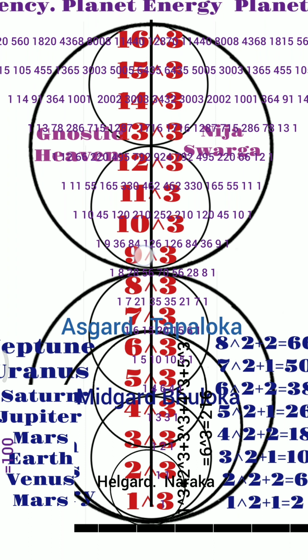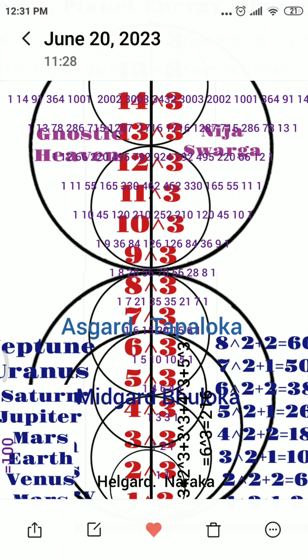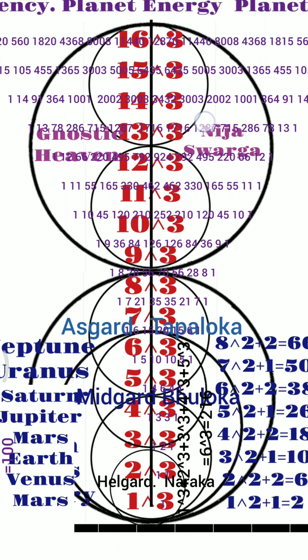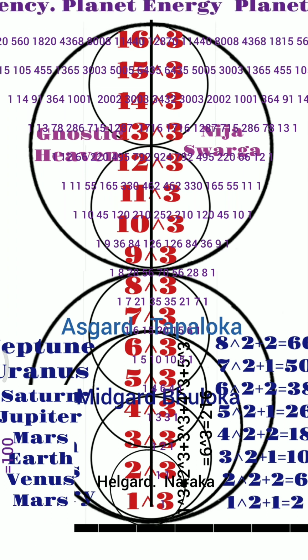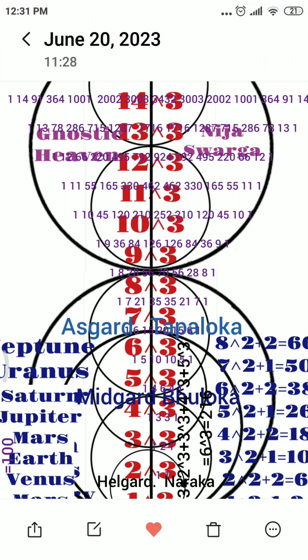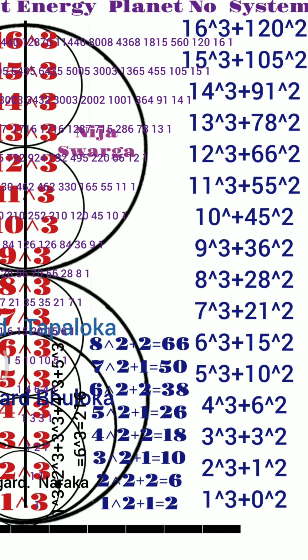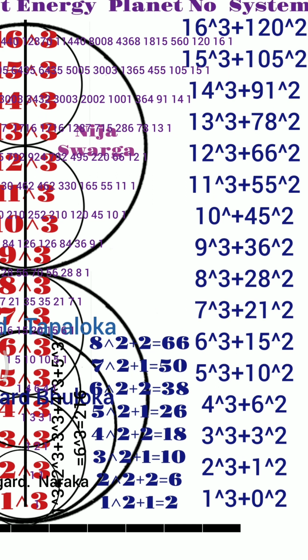So they live here, but they are not quite gods. They are basically the demon gods. The original gods live above 10 cube. From 10 cube to 16 cube is the abode of the original gods.